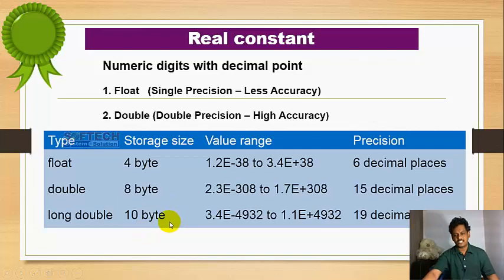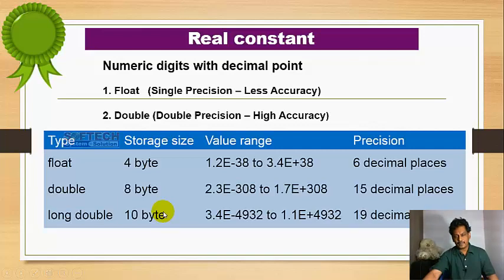In the previous case, that is integer, an integer occupies 2 bytes and a long integer occupies 4 bytes. That is double the size of integer. Here, double is 8 bytes, but long double is 10 bytes. The 10 bytes is enough to store the value, so long double occupies only 10 bytes.